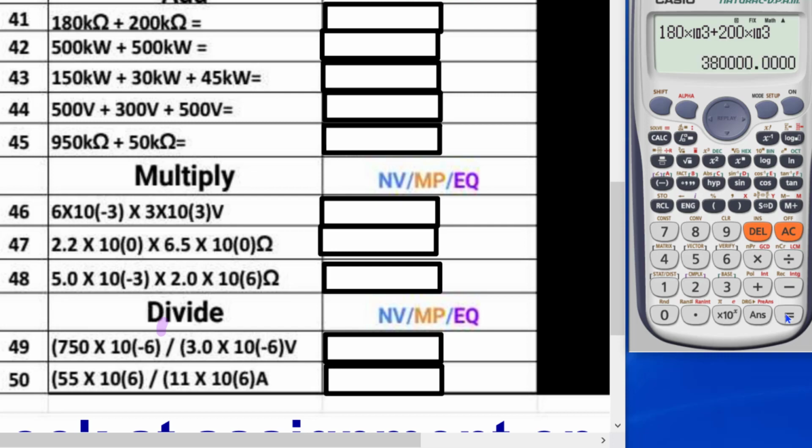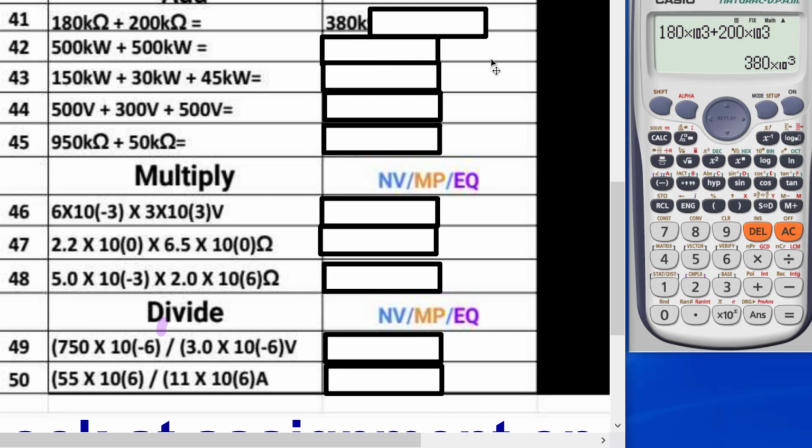And that's going to give me an answer of 380,000 in decimal, but we really want engineering, so we hit engineering, and it tells us it's 380 times 10 to the third, which is 380. That's our numerical value, times 10 to the third tells us kilo, and then the electrical quantity of measure, we were dealing with ohms here, ohms.